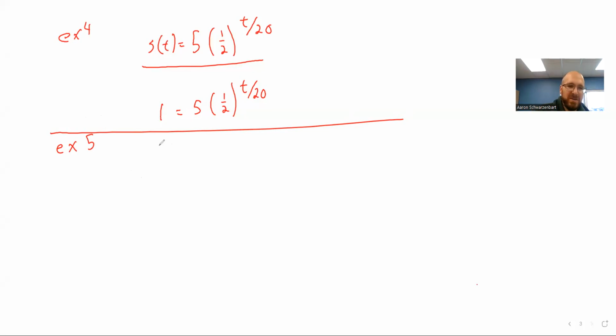We know, there's a couple of things we know, and we're given this before the example. 14.7 pounds per square inch is the atmospheric pressure at sea level. We know it is half of that at 3.6 miles.